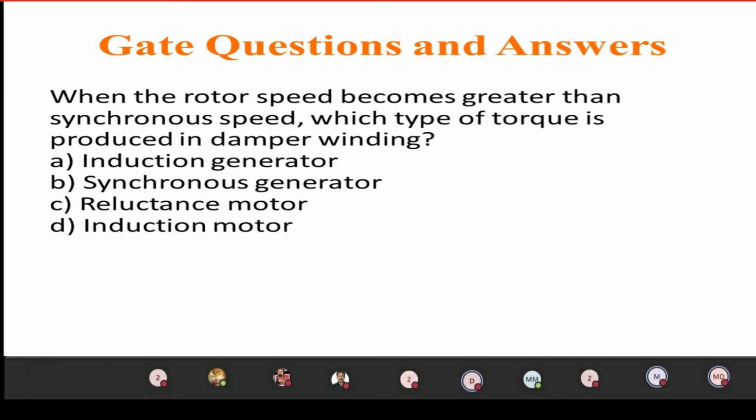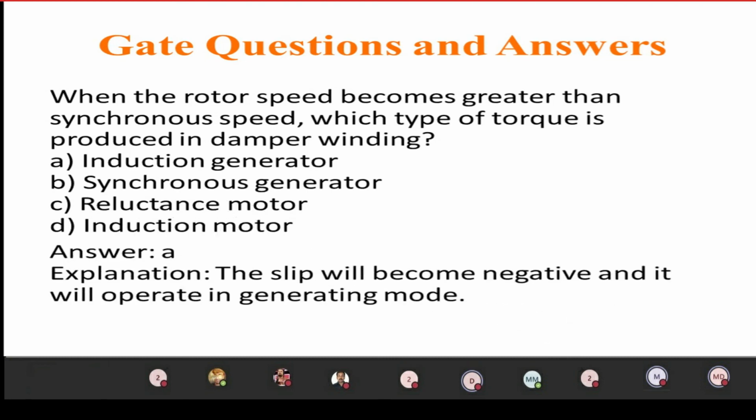When it reduces below synchronous speed, it acts like an induction motor. Here they are mentioning above synchronous speed, so if it reaches above synchronous speed, it acts like an induction generator. Let me see the answer. The slip will become negative and it will operate in generating mode.